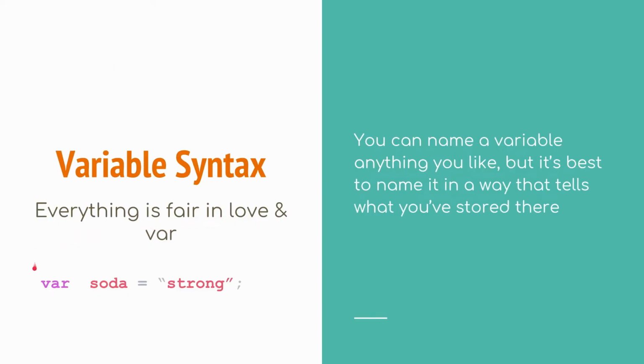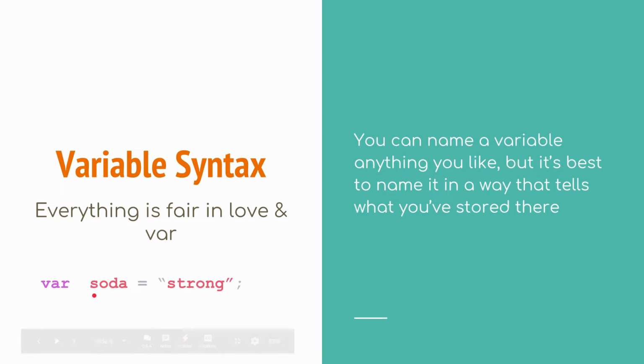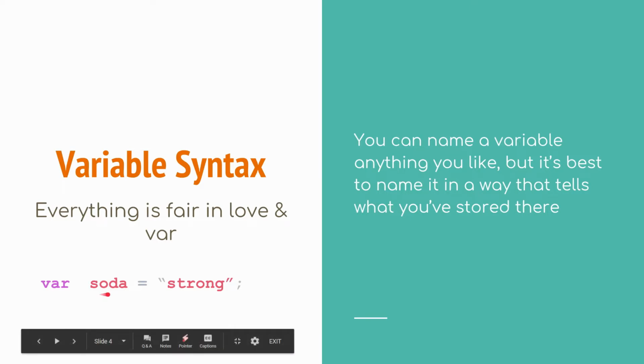The manner in which we declare variables in JavaScript is with the use of the var keyword. First we give the var keyword, then a space, and then we give the name that we want the storage space to have. In this case, I have given the name soda. So the storage space has the name soda, and the value that will be stored inside of soda is given after the equal to sign.